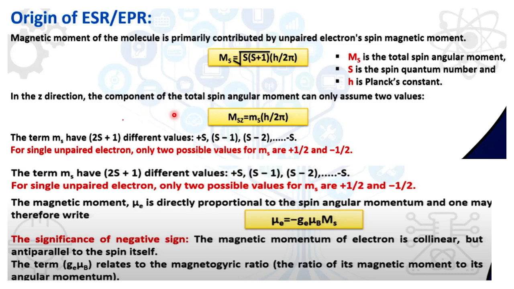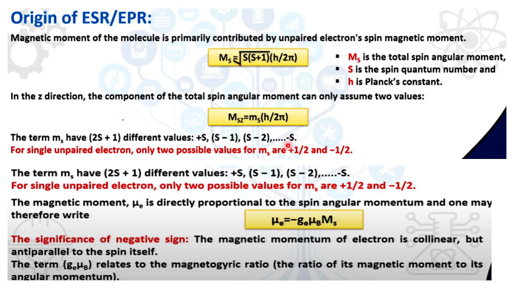In the z direction, the component of the total spin will assume two values, either plus or minus, and it is equal to ms into h by 2 pi. Now, the term 2s plus 1 has different values, that is plus s to minus s. For a single unpaired electron, only two values are possible, based on the direction, whether it is clockwise or anti-clockwise, there are two spin quantum numbers, that is either plus half or minus half.